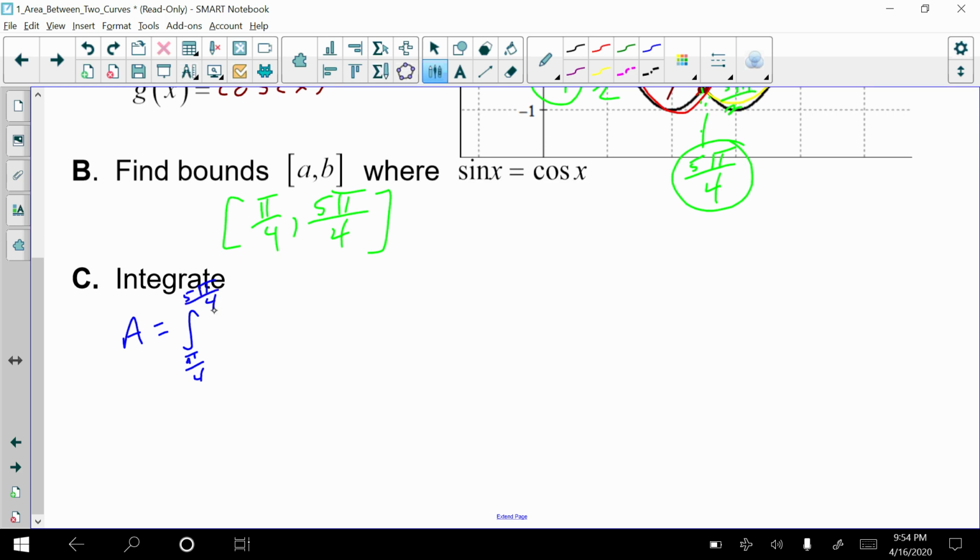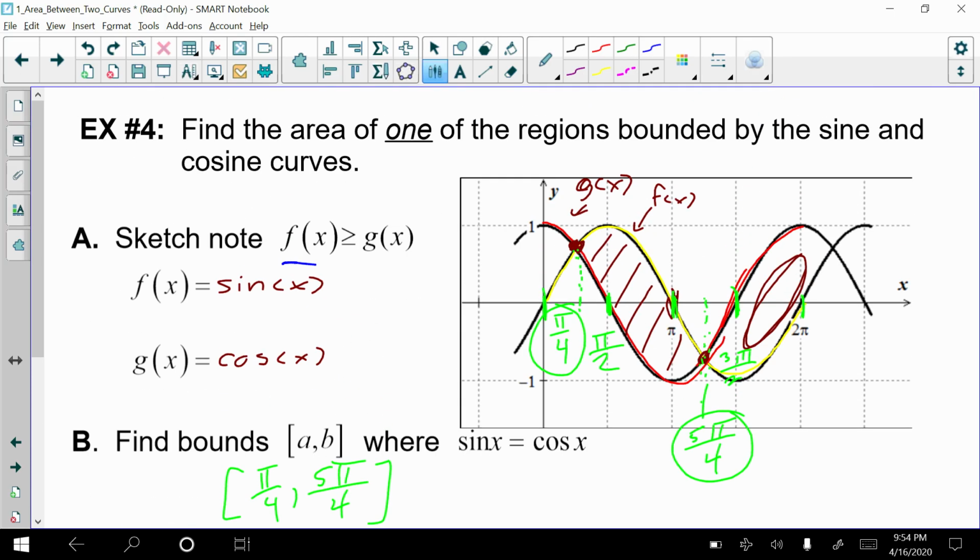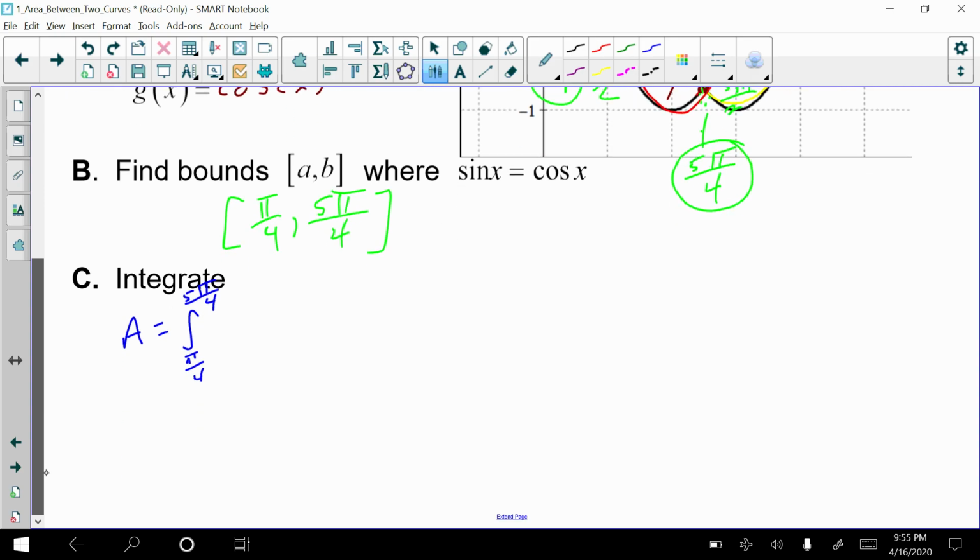And we're looking at the first function here, where the f function is going to be greater or above the g function. So f was sine, so I'm going to say sine of x minus cosine of x dx.